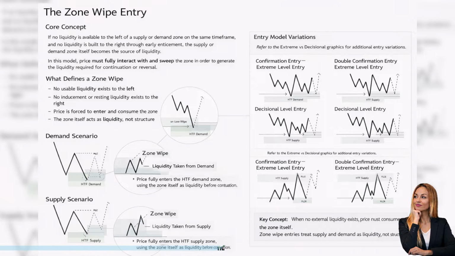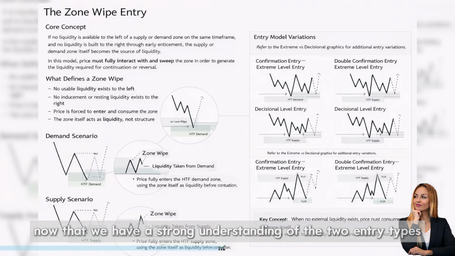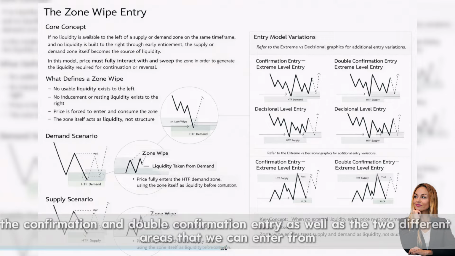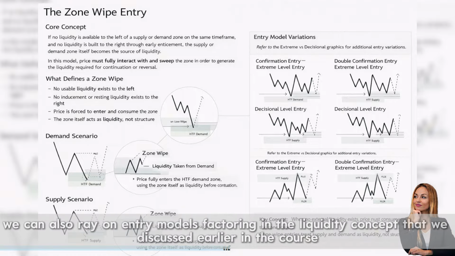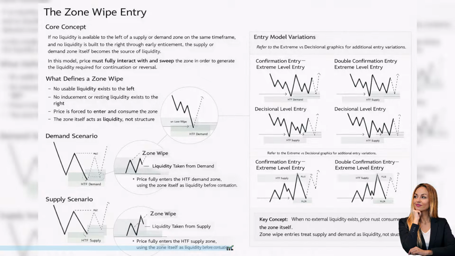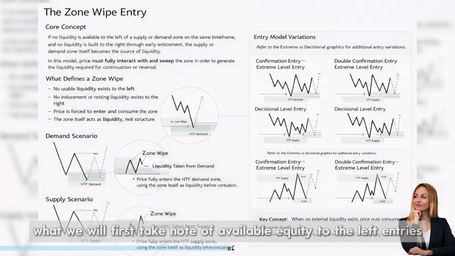to the left. Now that we have a strong understanding of the two entry types, the confirmation and double confirmation entry, as well as the two different areas that we can enter from, the extreme and decisional, we can also array on entry models factoring in the liquidity concept that we discussed earlier in the course. What we will first take note of: available liquidity to the left entries.